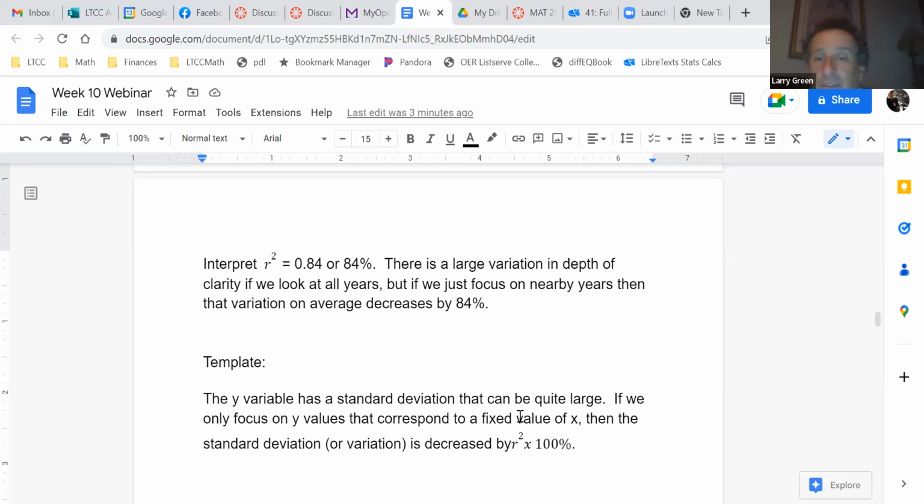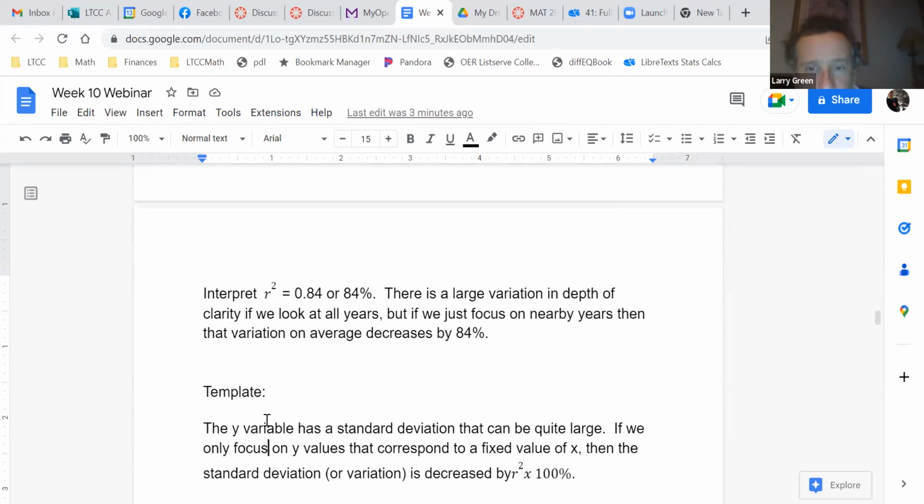This is kind of a template if you like templates, but this is the example using that template. Any questions on R squared? It's pretty deep. It's more than just squaring a number. There's a lot going on here. Okay.